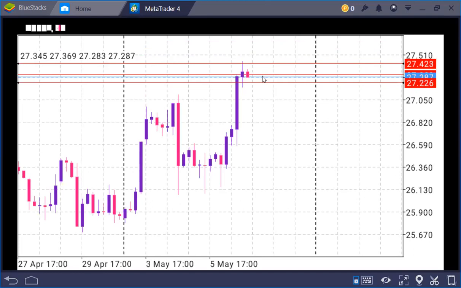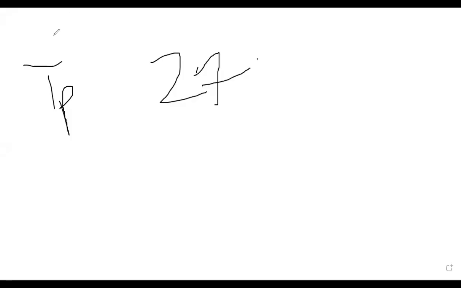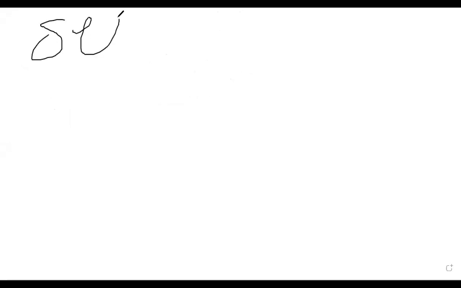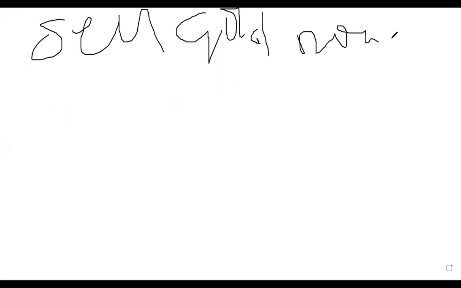So now let me do everything in this video so we see it. For example, I want to send a trade alert. So I can now say sell gold now.